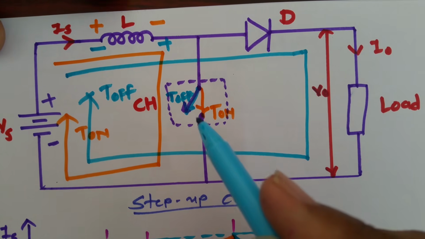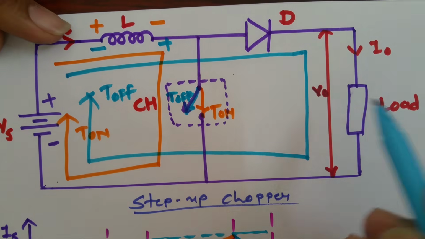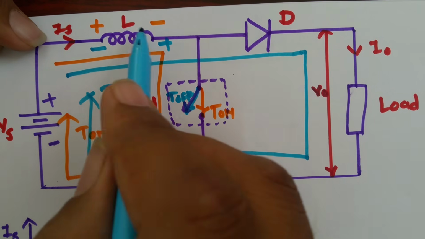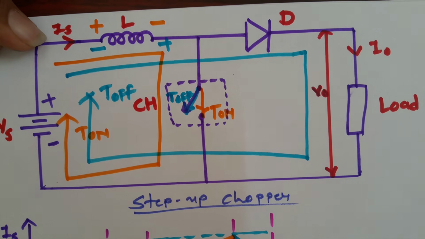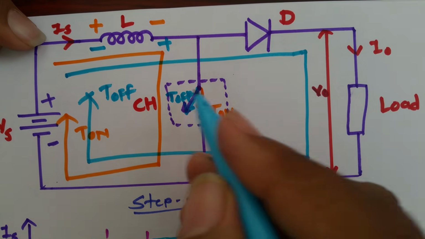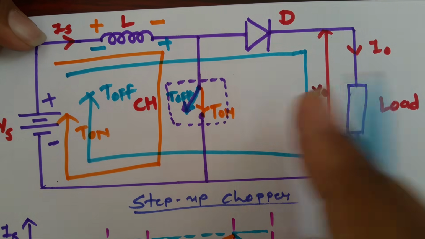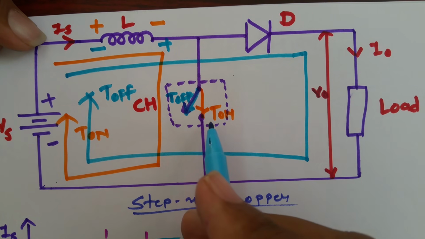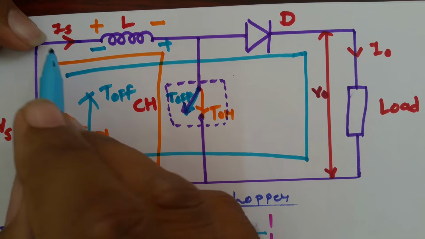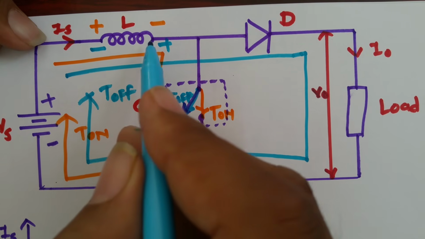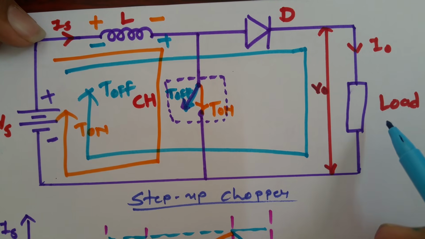When this switch is off, at that time load current is similar to the current which is flowing through inductor. So when this switch is on, there is 0 current passing through load, while when this switch is off, the current in inductor will be similar to the current flowing into the load.